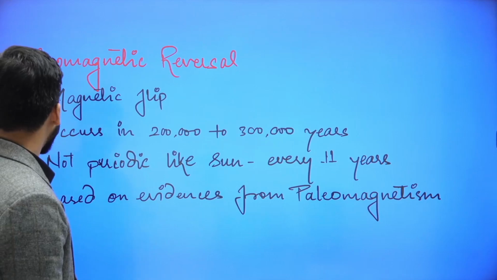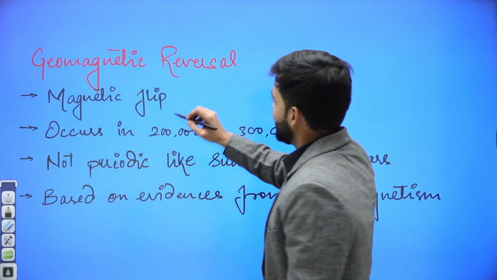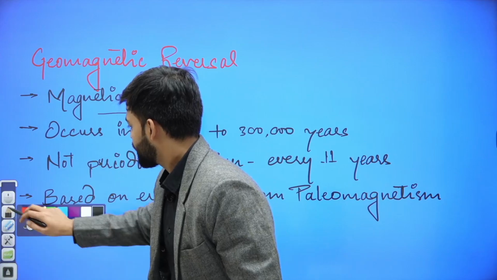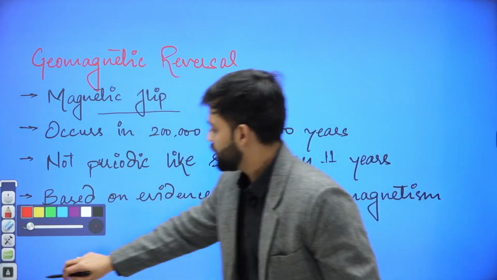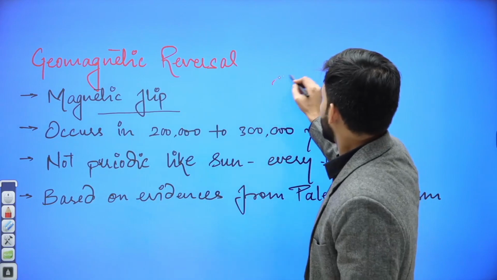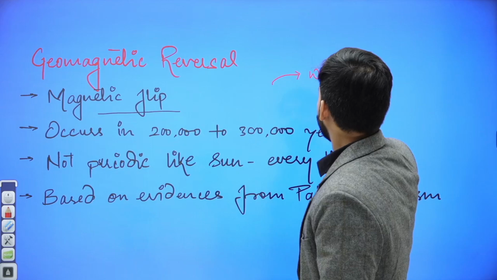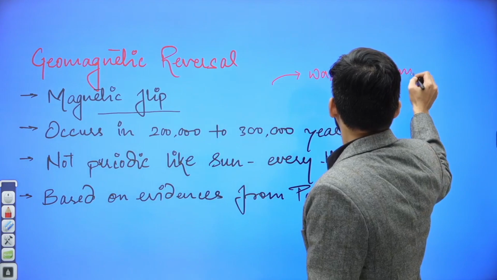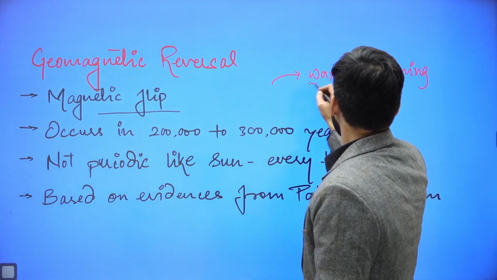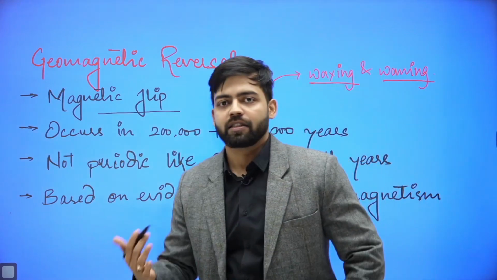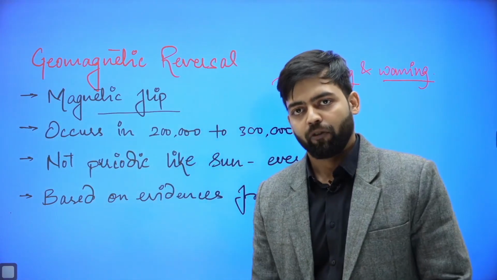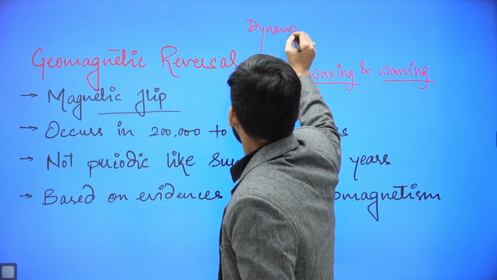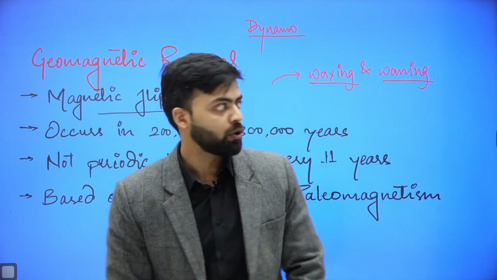Now, regarding geomagnetic reversal. This geomagnetic reversal is also known as magnetic flip. Why magnetic flip happens is because of the waxing and waning of the magnetic field. Basically, magnetic field gets stronger or weaker over a period of time, because we already discussed that Earth acts like a dynamo.